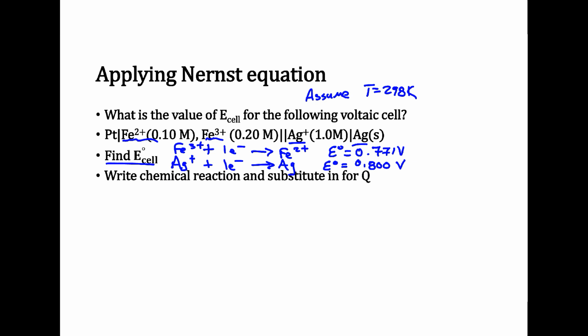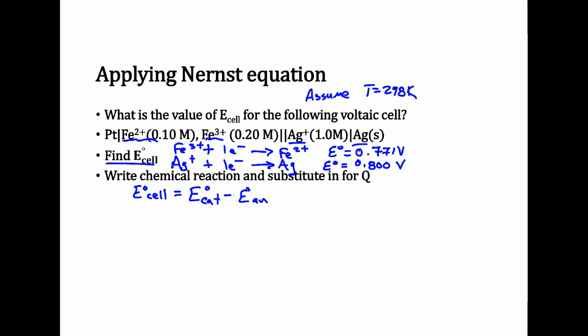Okay, so we could find E cell by taking E cathode minus E anode. It's not supposed to equal, it's supposed to say minus. Must be a silly goose running around with this red cat and ox.